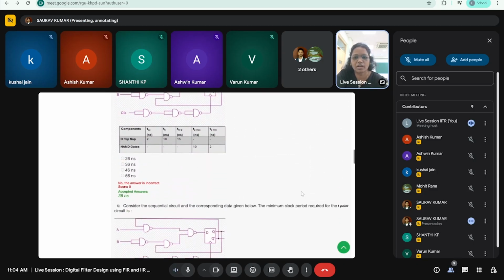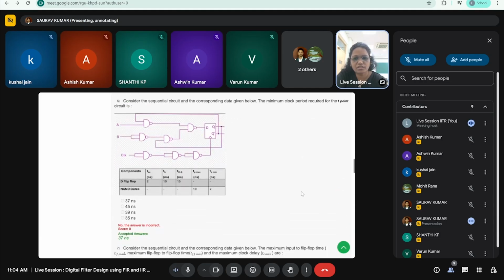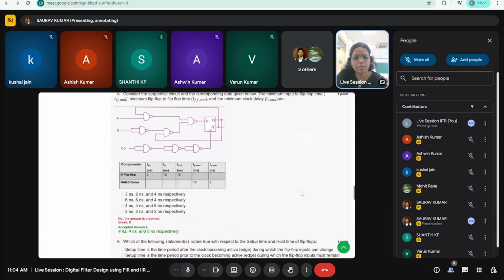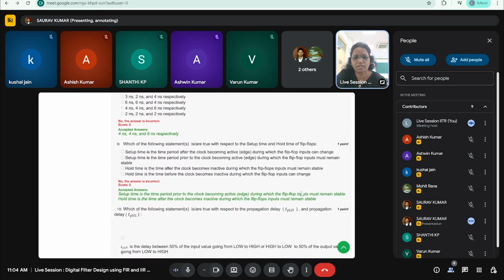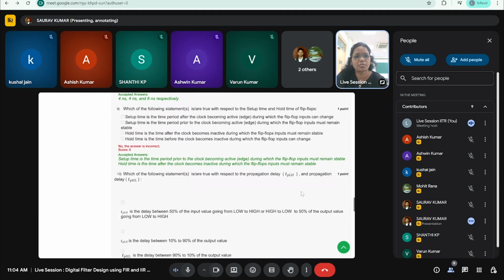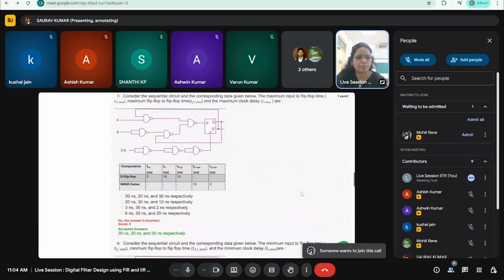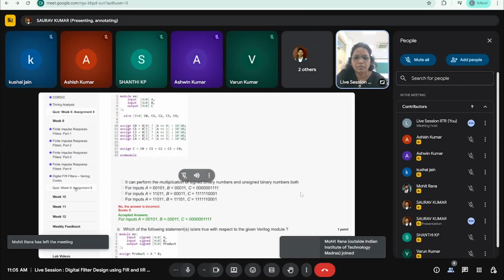Okay, so we have explained this problem also, how to solve it, in the last live session, how to compute all the other parameters related to this digital circuit which is given, especially the timing parameters.